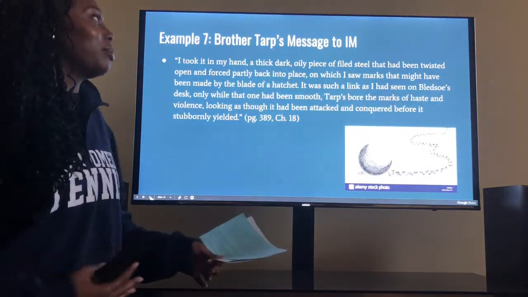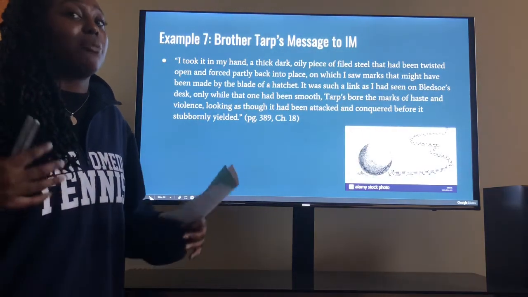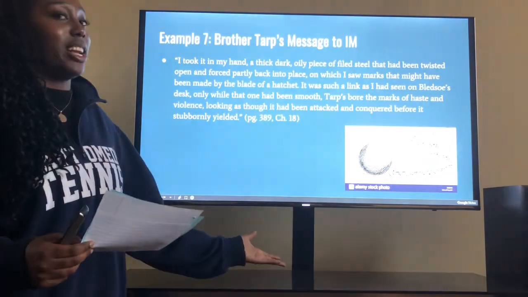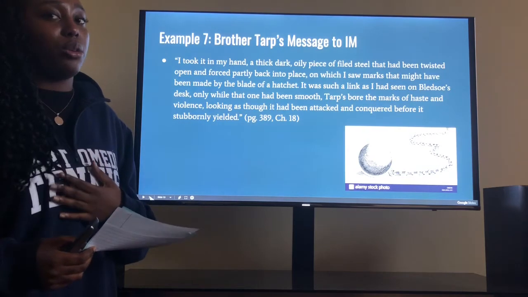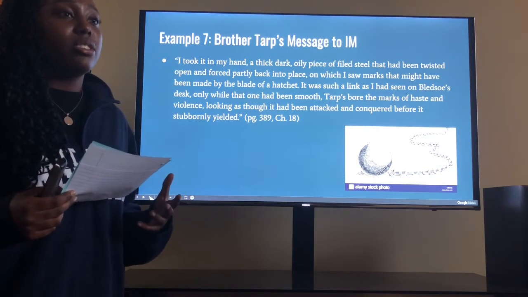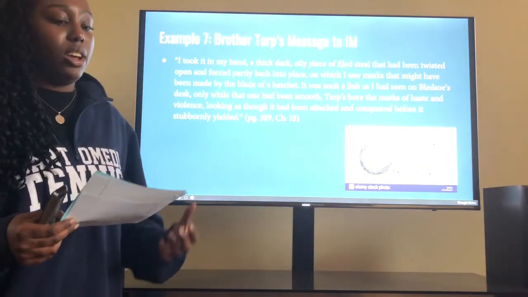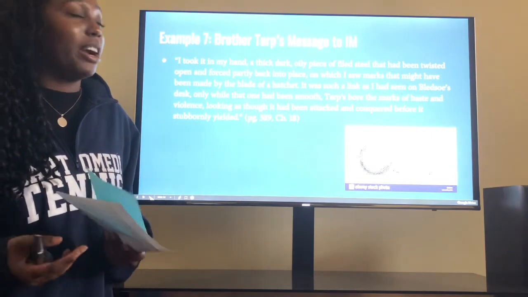So as Brother Tarp could be considered a grandfather figure, he also relays grandfather's advice, because with his chain that he gives to I am, he represents the same struggle that I am's grandfather went through. And he knows the hard work and the blood and sweat and tears that have gone into trying to help the black population achieve true freedom in America.